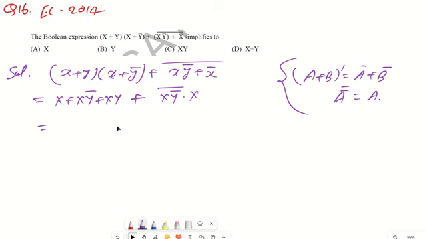So that is going to be x multiplied by, first term is going to give us 1, plus y', plus y, plus xy', because x is taken out. So x into 1 plus anything is nothing but 1, so I just get the value x. This is a very simple question. So option A is correct.